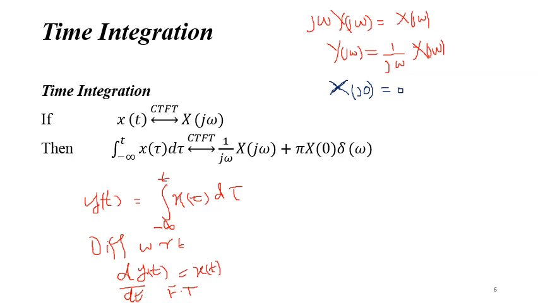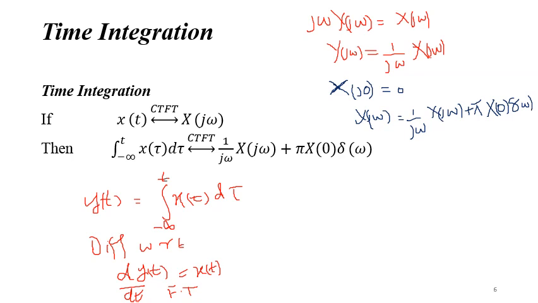We can modify the expression and write Y of j omega equals 1 over j omega times X of j omega plus pi times X of 0 and the impulse.